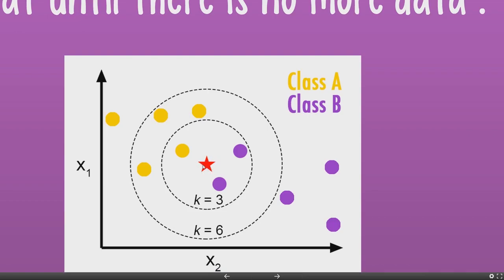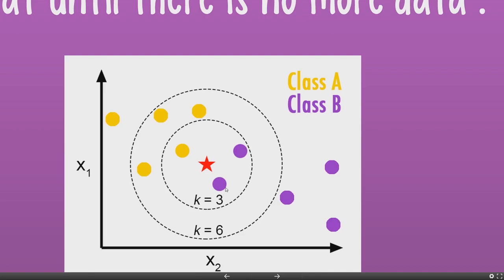After putting this data point, we need to choose our k. K is the number of neighbors we need to choose beforehand. Don't mix it up with the k-means algorithm. We are talking about the KNN algorithm. In KNN, k is the number of neighbors we should look at. For example, if we say k equals 3, we look at the closest 3 neighbors.